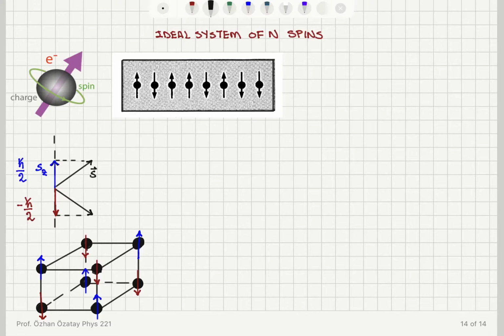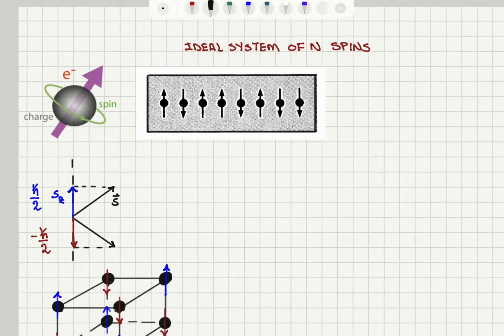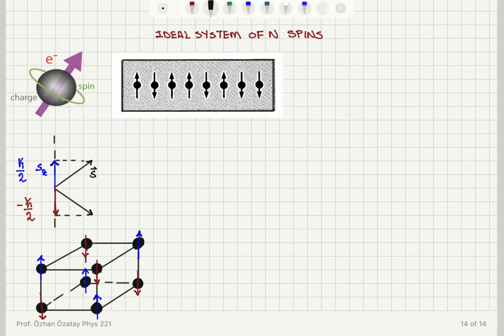Now, since you have a charge that is moving on a circular path as the electron spins around its axis, in electromagnetism, we find that if a charged particle moves on a circular loop, it's going to create a magnetic field around it, and there will be a corresponding magnetic moment that it will create. Okay, so these concepts will be studied in detail in electromagnetism and quantum mechanics.